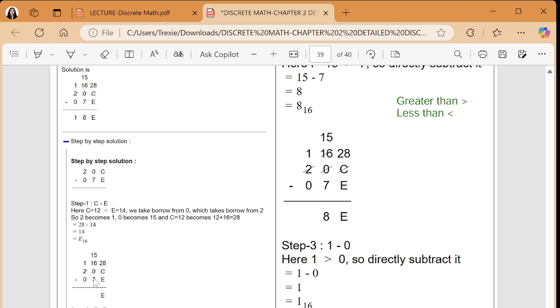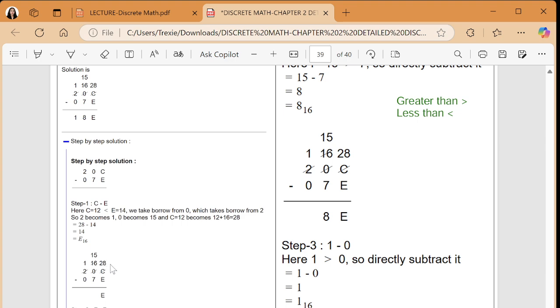Since we can't borrow from 0, we need to borrow from the 2. So 2 becomes 1 and 0 becomes 16. So now we can borrow from this part. 16 minus 1 would be 15.